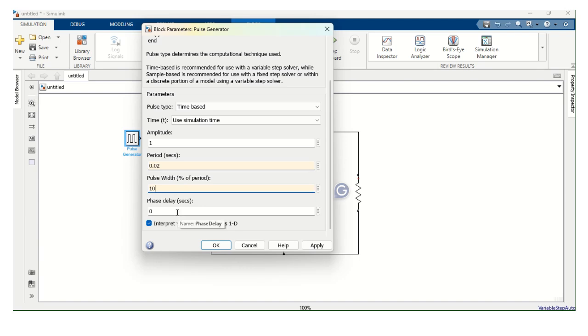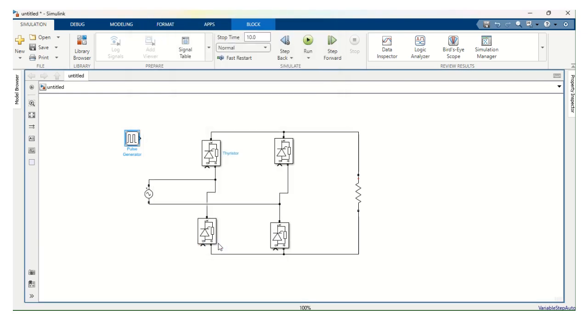Phase delay, since the delay angle is 45 degree, we need to set 45 divided by 360 into 50, right? Apply OK. So this is going to control the positive half cycle. So let's give it to this thyristor and this thyristor.